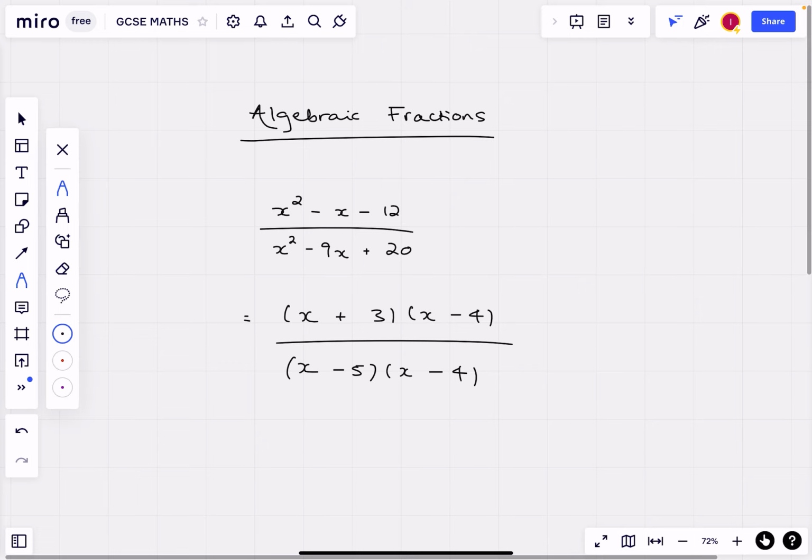So those two cancel out. And then you write whatever you're left with. There you go. Done. That is you simplifying that algebraic fraction. That's literally all you do.